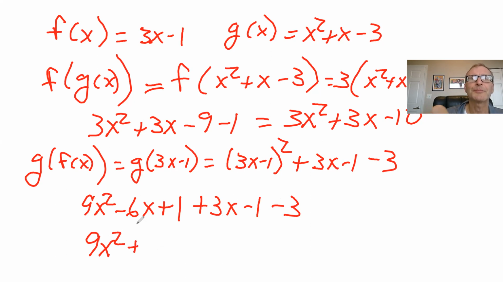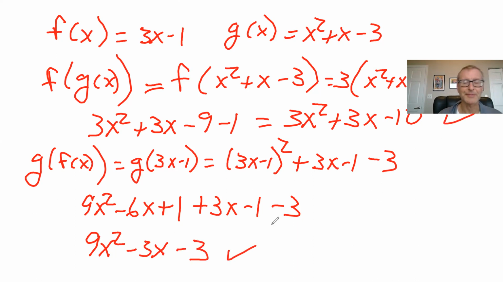Whoops, it's not plus 3, it would be minus 3, so that would be minus 3x. 1 minus 1 cancel, and you're left with minus 3. Again, these two are not the same. And this is the technique for the composition of functions.